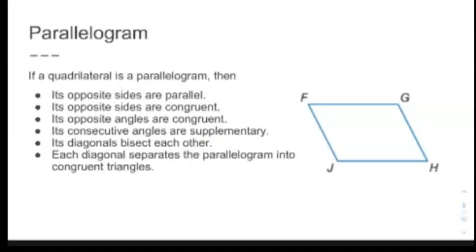If a quadrilateral is a parallelogram, then its opposite angles are congruent. Opposite angles are across from one another, so angle F is congruent to angle H, and angle J is congruent to angle G. Notice how we are separating out these things.